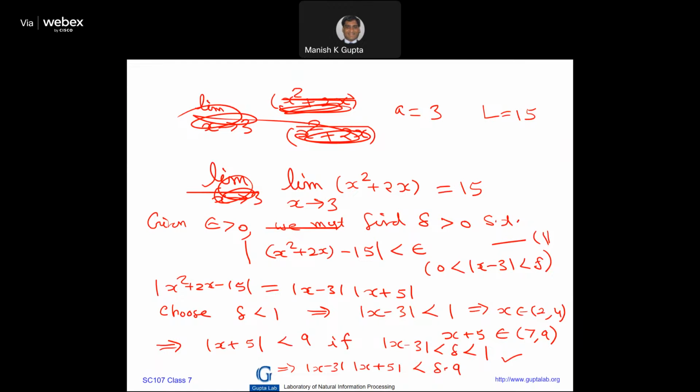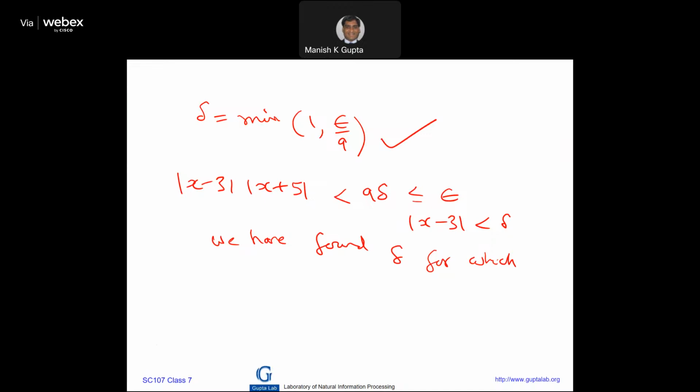So that means this limit exists, because of the definition: limit x tends to 3 of x squared plus 2x is equal to 15. So this was the beautiful thing, right? And this is just starting. You will observe more beauty.